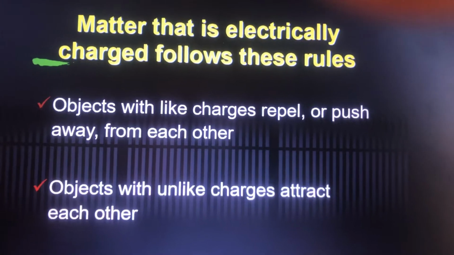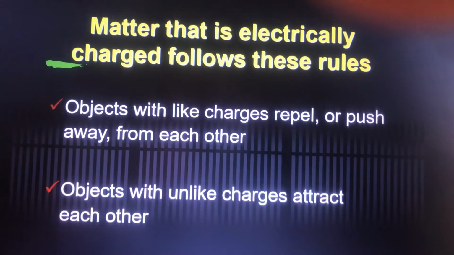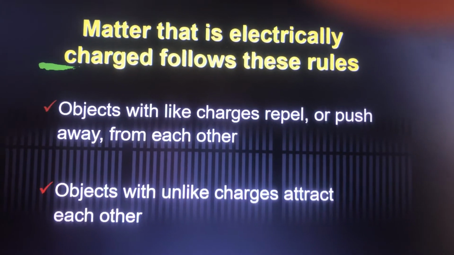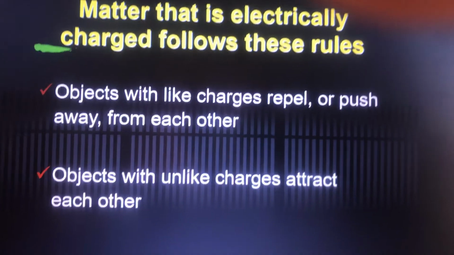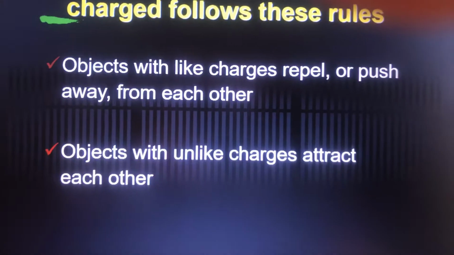Objects with like charges repel each other, or push away from each other. So protons are going to push away from each other because they both have a positive charge. Objects with unlike charges attract each other.